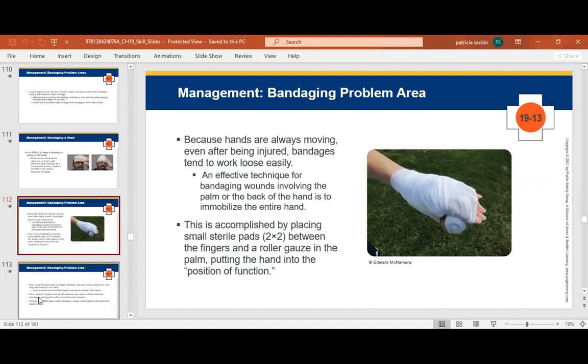They're showing putting something inside the hand for them to grip, and then wrapping around that to immobilize it. Again, it's going to be working with it, seeing it, and doing it. It's hard to teach you here in slides. Ask them how it feels, where their position of comfort is. That's really all you're going to be doing.